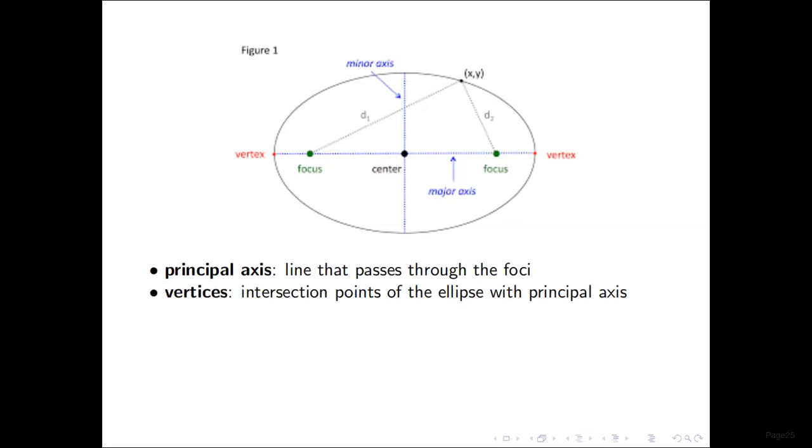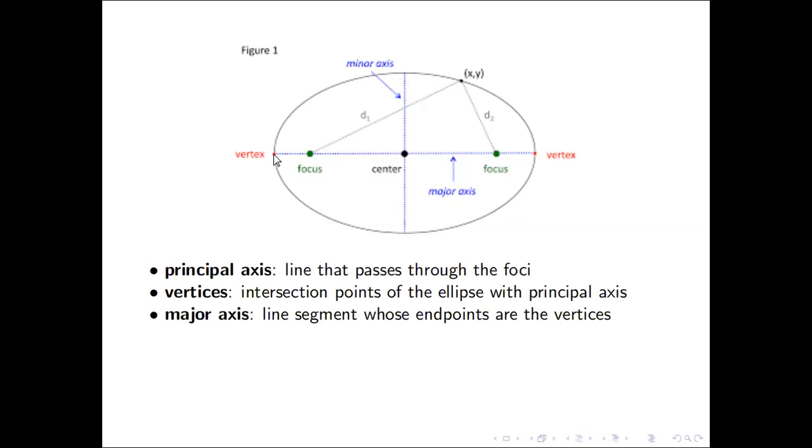Now, what are the vertices? They are the points where the principal axis intersects the ellipse. So in the figure, if this is the ellipse and we draw the principal axis, then the intersection points would be these two points. They are the vertices.